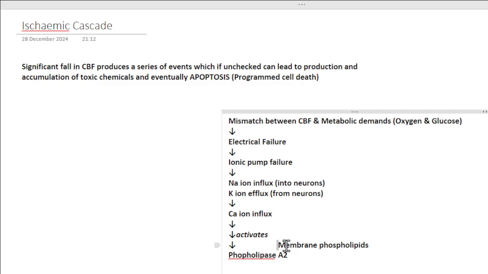Membrane phospholipids is something which gives this enzyme.